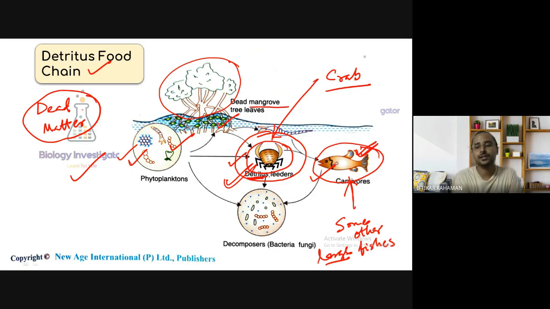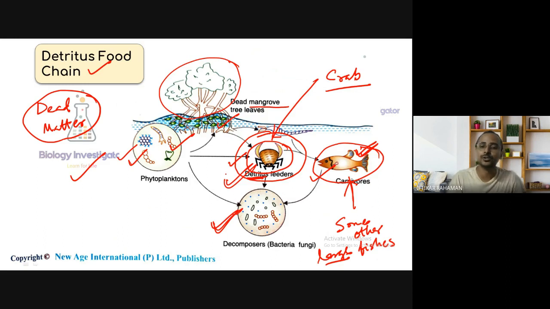And another thing, these decomposers, what will they do? Decomposers can decompose this dead matter also. If these decomposers decompose the dead matter, then there will be no dead matter, and then detritivores cannot function. Detritivores cannot eat those dead matters.